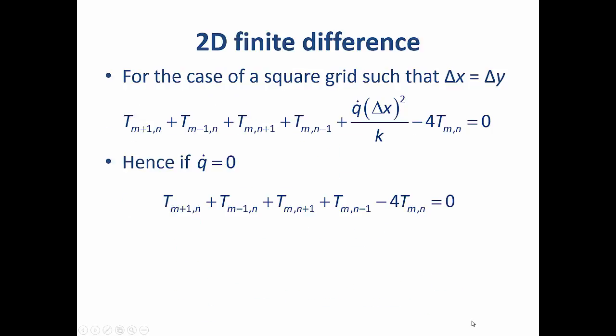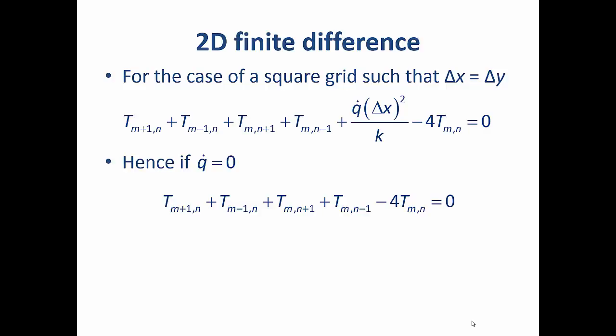I'm now going to make the simplification that I do have a square grid so that delta x equals delta y. This allows me to simplify the equation a bit, and I've also rearranged it slightly so that the only term now that involves a distance is the q dot over k term, which is multiplied by delta x squared.